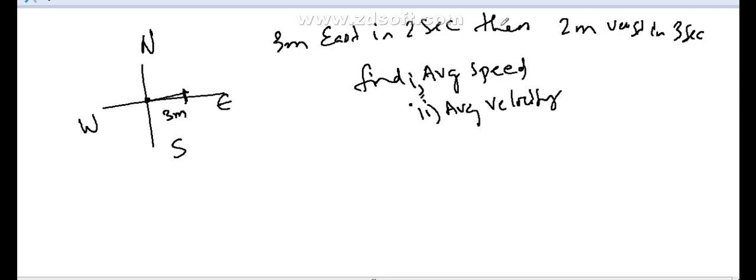He walks 3 meters east in 2 seconds, then 2 meters west in 3 seconds. Draw a diagram, then you will understand.